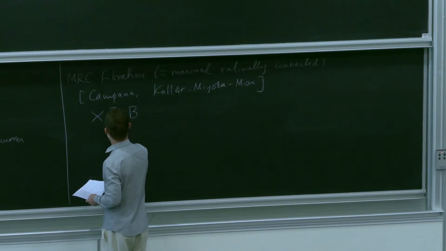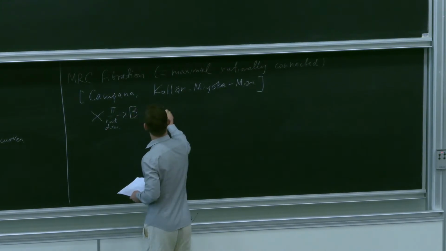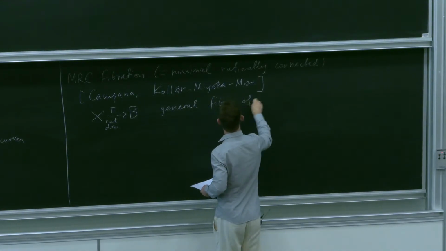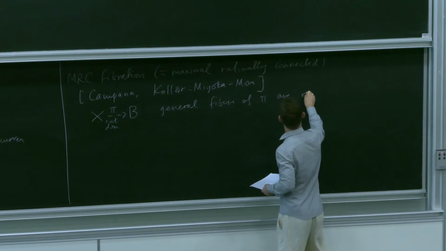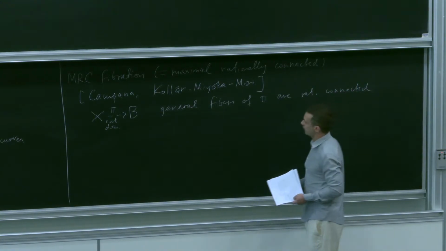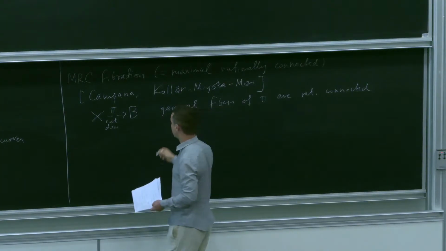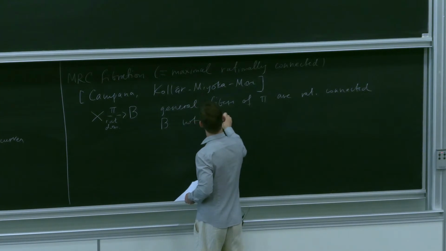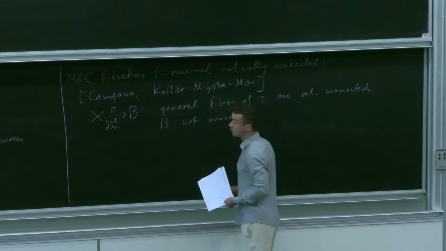Namely, general fibers are rationally connected, and the base is the opposite, namely, not uniruled, not covered by rational curves, right?